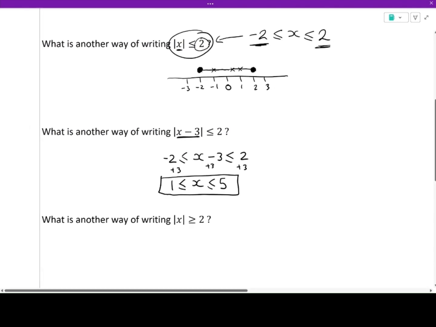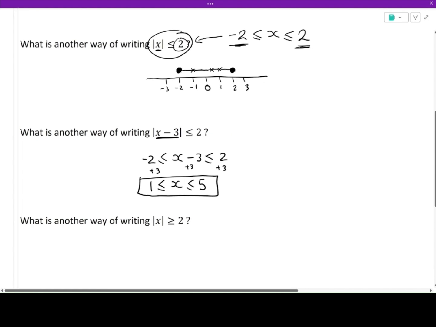Now let's consider when we have a same as or greater than. Okay, so for the same as or greater than, what we're going to end up using for our x values is going to be all the ones outside of what I've drawn here. Okay, so it's going to be from the black circle onwards to the right, and then from the black circle onwards to the left, like that.